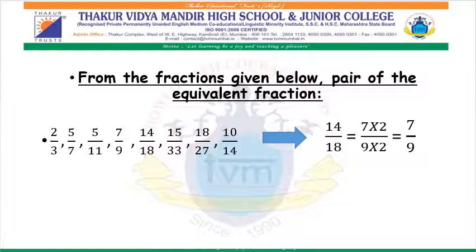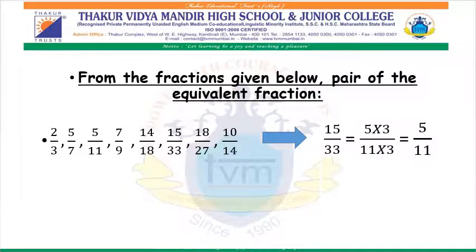Let's now take 15 upon 33. 15 upon 33 I can write 5 into 3, that is for the numerator, and for the denominator I can write 11 into 3. So 5 upon 11 and 15 upon 33 are pairs of equivalent fractions.